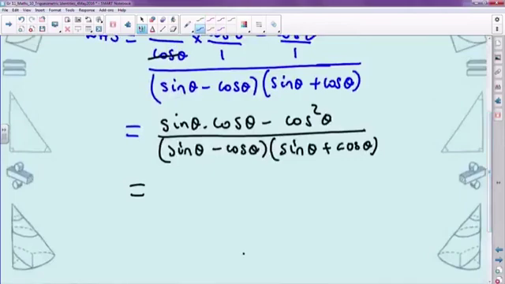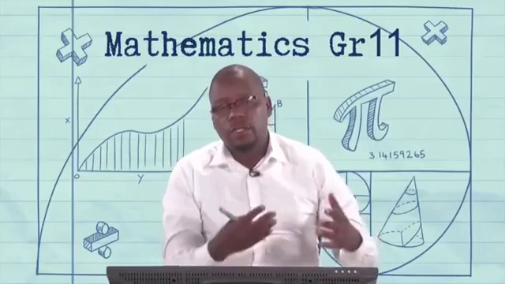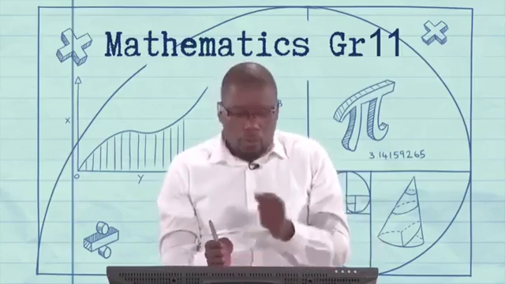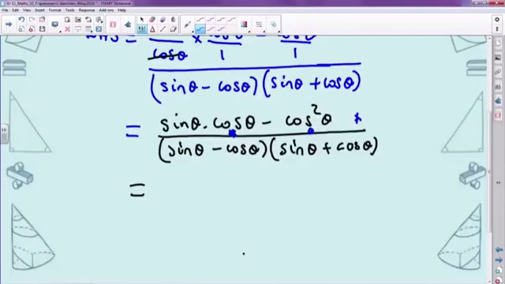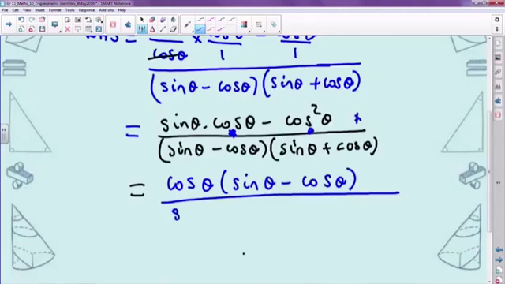Now, remember, all these maths that you've been learning from grade 8 builds on to what we are doing now. I've got the cos theta and then the cos squared theta, so there is a common factor. I can factorize, taking out the common factor, which is cos theta bracket sine theta minus cos theta, divided by sine theta minus cos theta times sine theta plus cos theta.